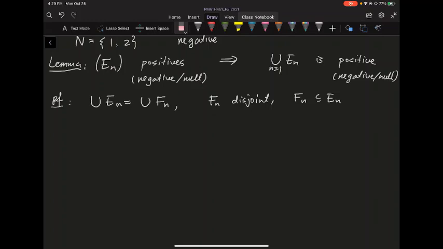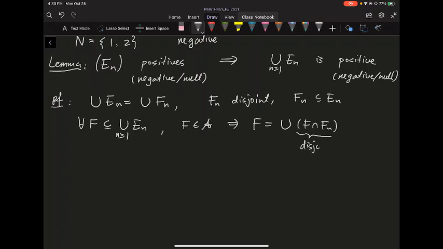All right, so now to show the union of En is a positive set, I need to show every subset of this union is having a non-negative measure. So here I take F inside the union of En. Of course, I assume F is inside the sigma algebra. Then I can write F as a countable union of F intersect Fn, which is a disjoint union.